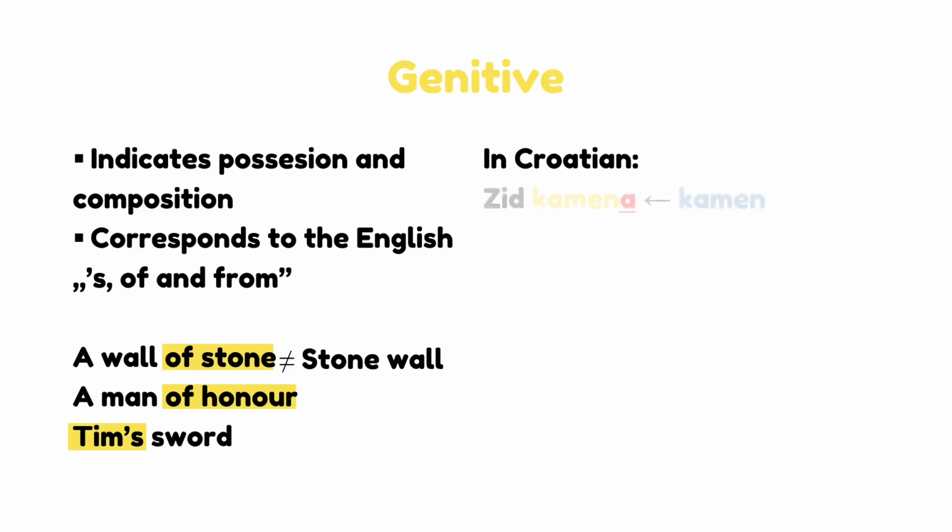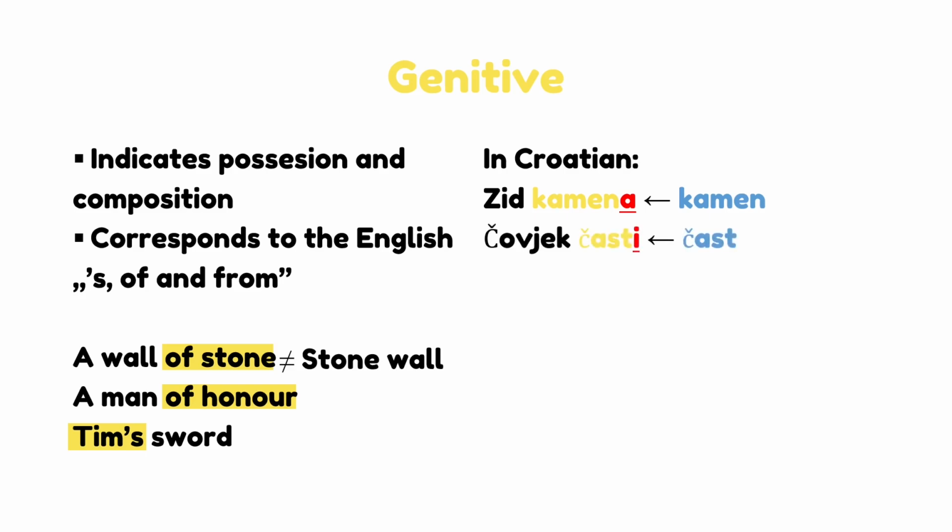Let's look at Croatian again. In the same sentences, "zid kamena," you can see that it means a wall of stone, and if we just put kamen, which is in the nominative case, it would just mean wall stone. When we put that a ending, it becomes of stone.